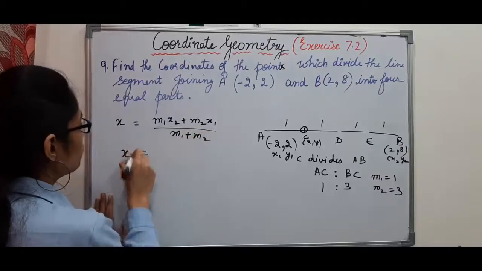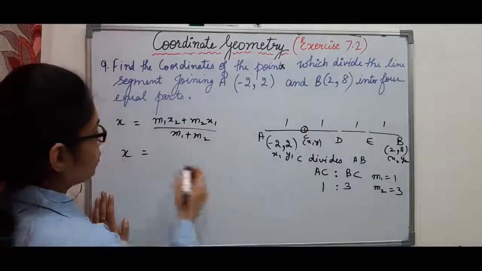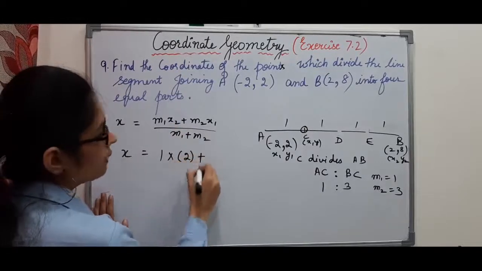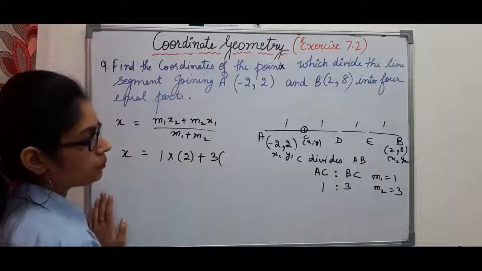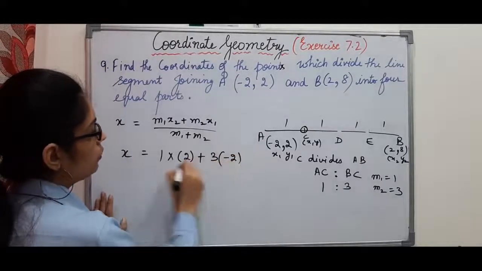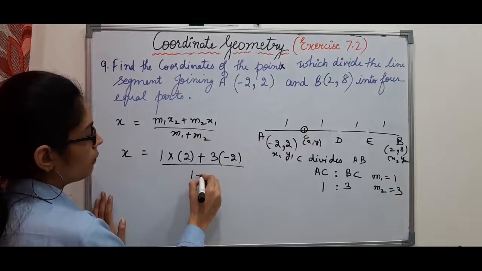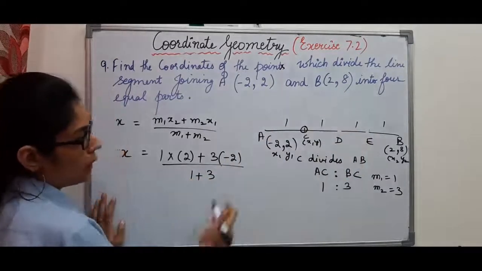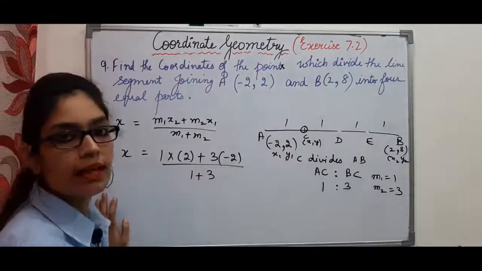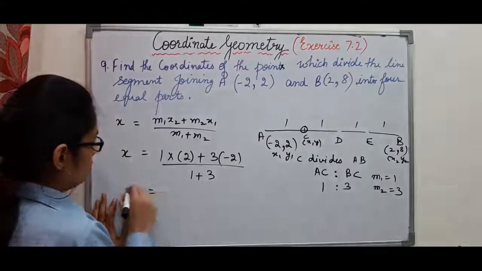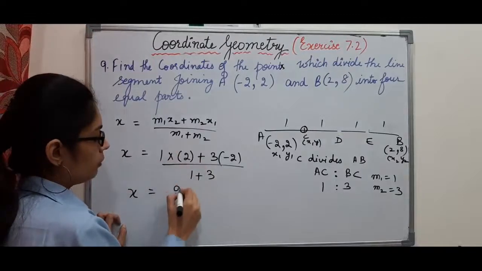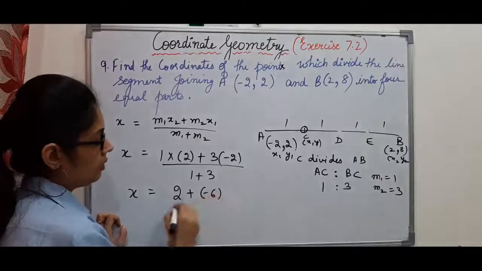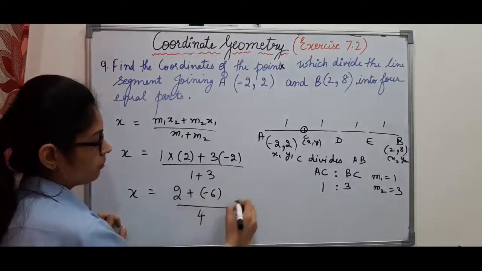We just have to substitute the values. m1 is 1, x2 is 2, plus m2 is 3, x1 is minus 2, upon m1 plus m2, which is 1 plus 3. Adding this you get the total parts, so 4, and we know this line is divided into 4 parts. So x is equal to 1 into 2 it will be 2, plus 3 into minus 2 it will be minus 6, upon 1 plus 3 which is 4.